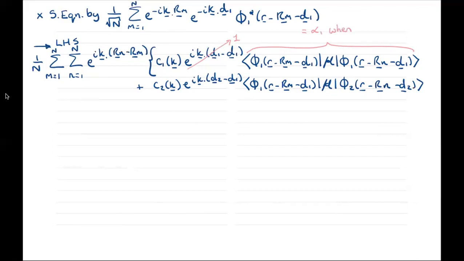So that's when r sub m is equal to r sub n. Otherwise it's 0. And we have a double sum over m and n, and so r sub m is equal to r sub n N times. So this will give us N times alpha 1 when we do the double summation.